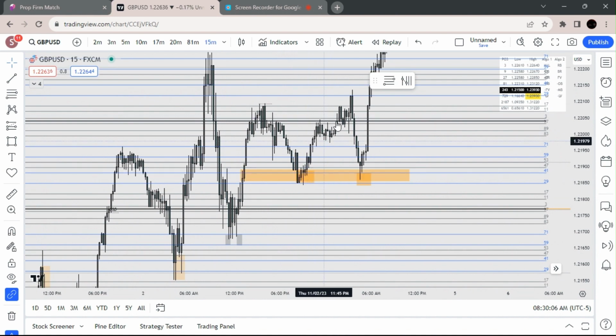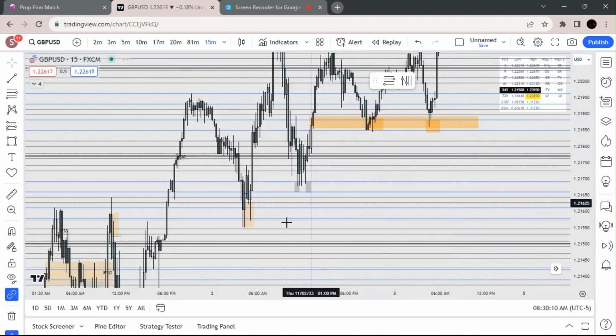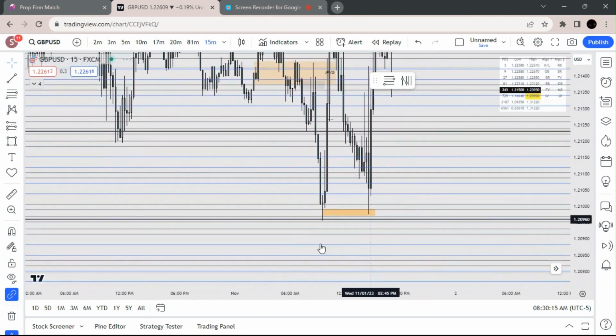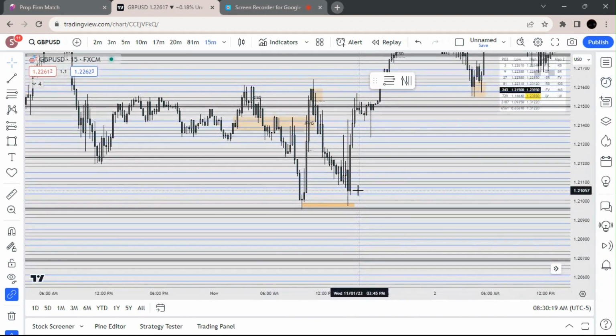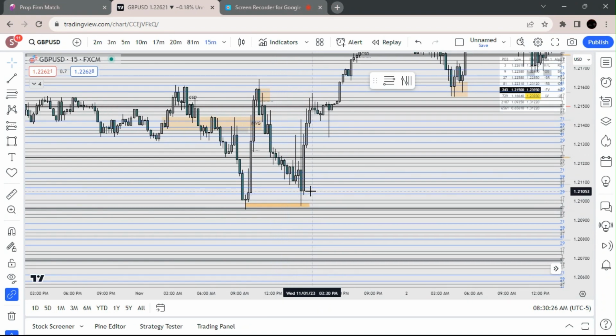Right there we have this reclaim right here. So you could wait on a higher time frame for price to come back down to the area it first started rejecting from, and then go to a lower time frame for your entry points. But you see how it works in terms of the reclaim itself.